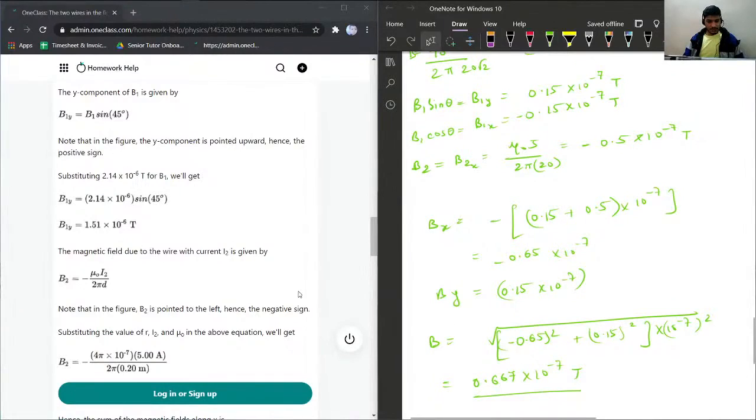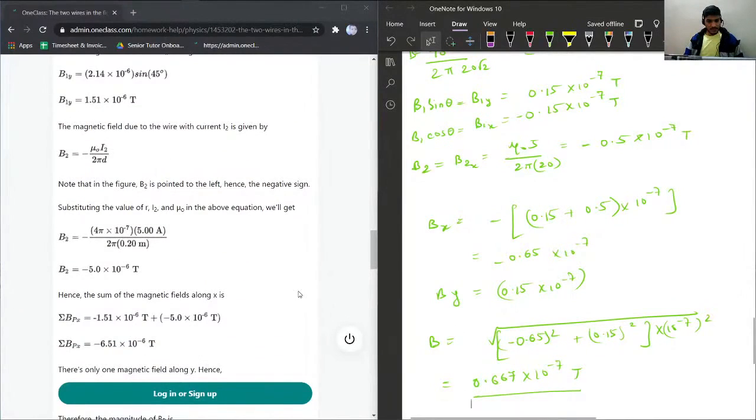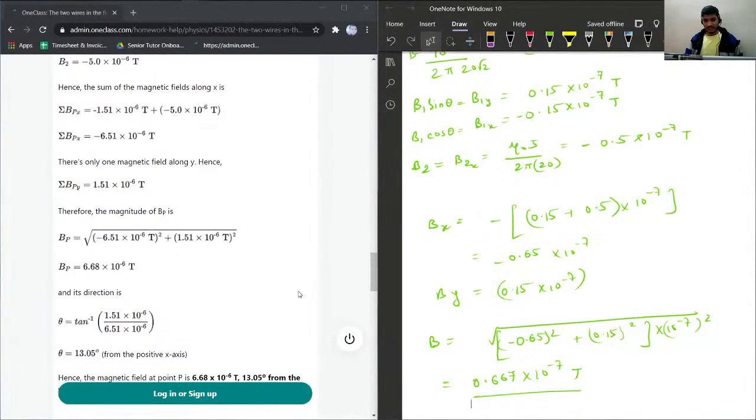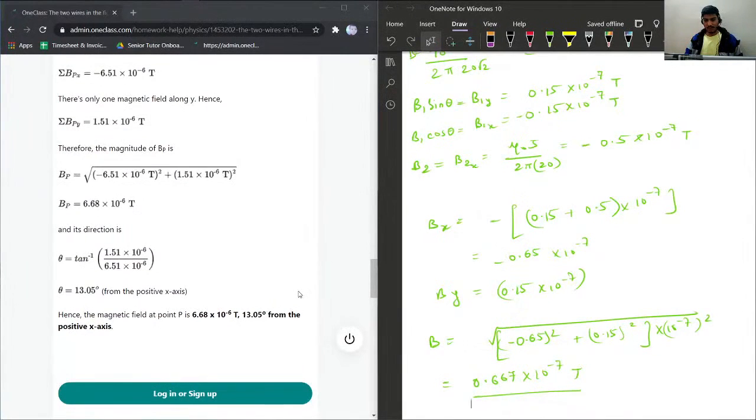So let's just cross check with the solution. I have made some mistakes. So basically, the first mistake I have made is that I haven't taken the distance in meters. So I took the distance in centimeters. I think that our answer can be wrong in this case.